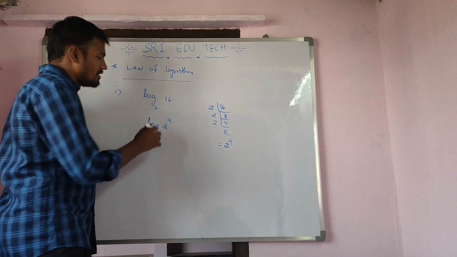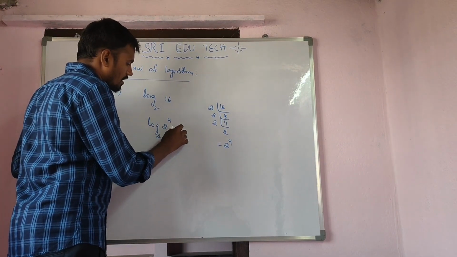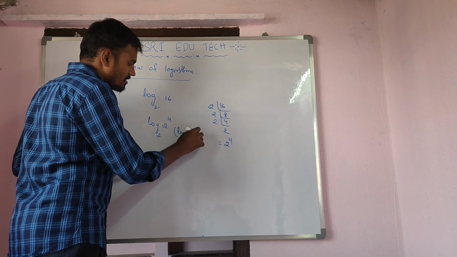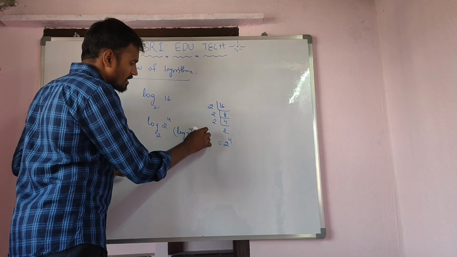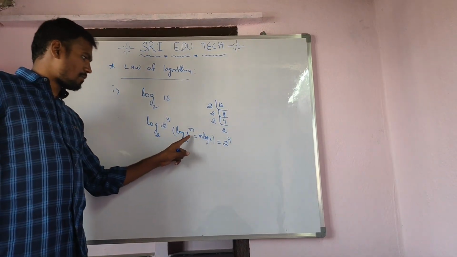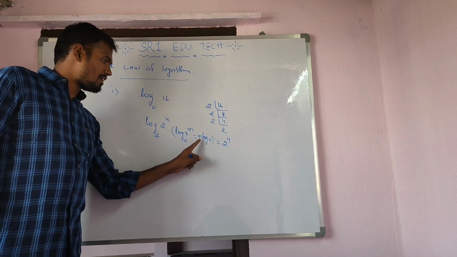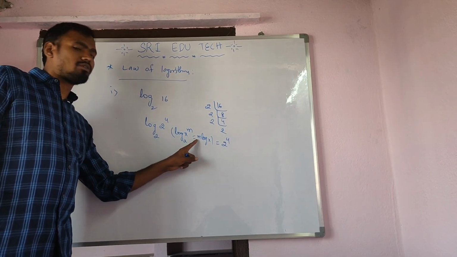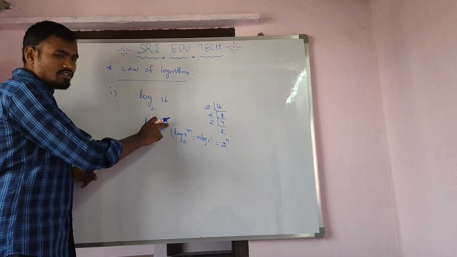You have one formula: log x to the power of m base a is equal to m log x. It means the power is written in the front place. What is the power here? 4 is the power.